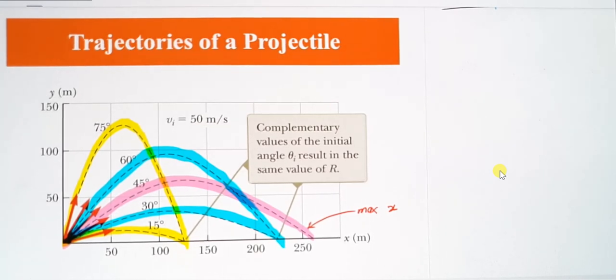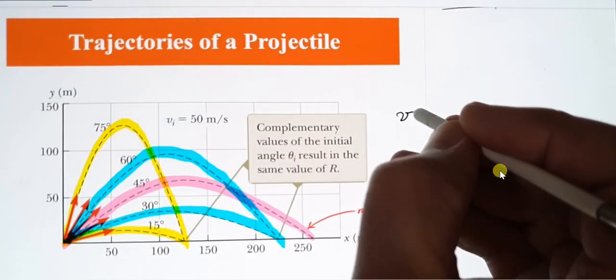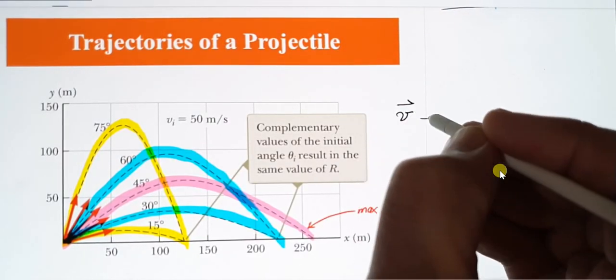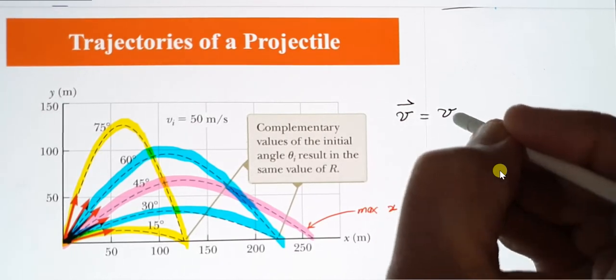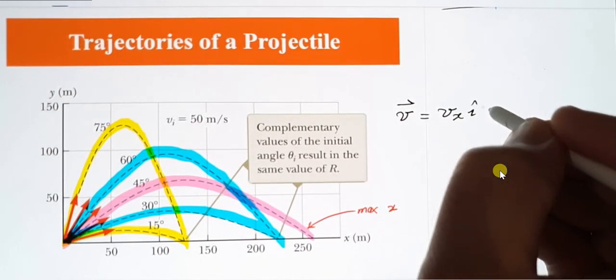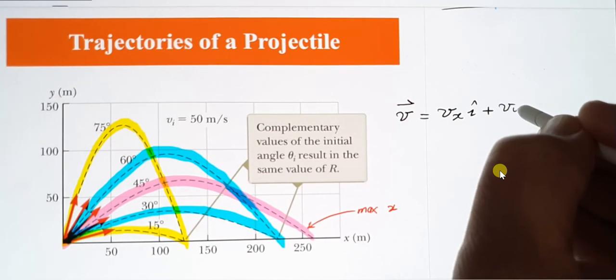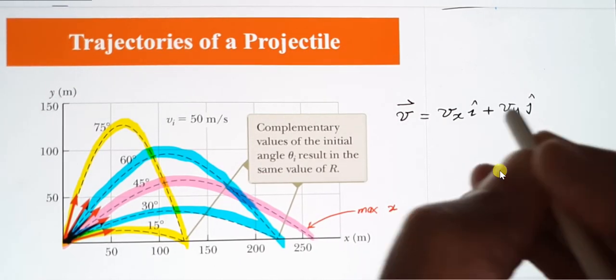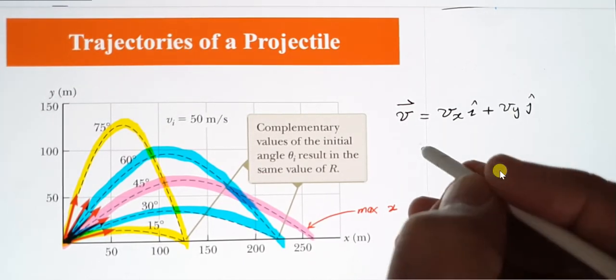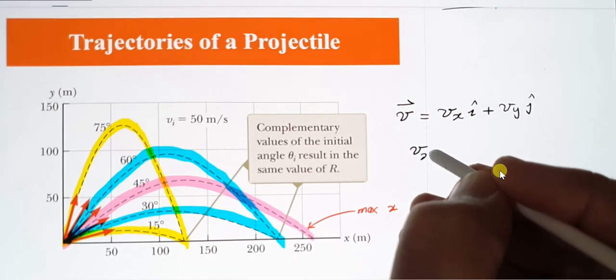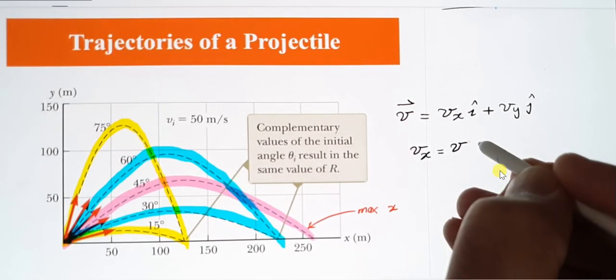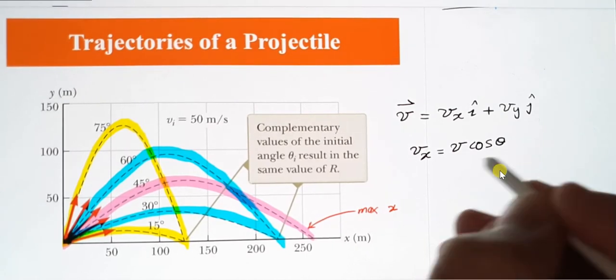Let's make it clearer. Suppose that this is V, which is equal to Vx i plus Vy j. So the Vx component is equal to V cosine theta.